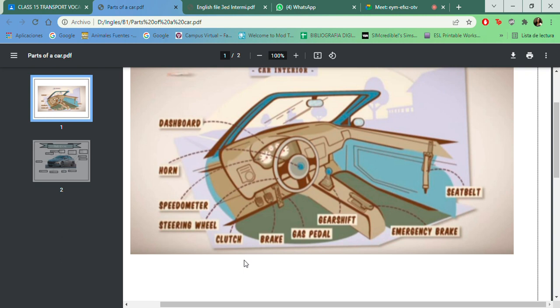So you have these three pedals, okay? And the emergency brake. Good. Are we okay with this? And the horn in the middle. Yes, miss. Then we have the dashboard, the information there behind the steering wheel, right? And that's all, the important thing.